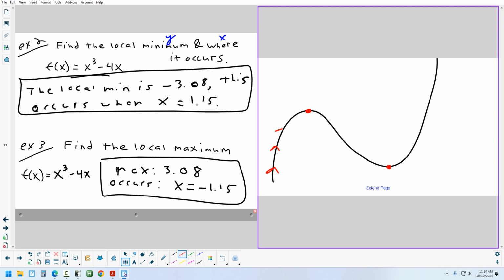This I would consider to be a section that is increasing. This is a section that's decreasing. And that is a section that's increasing. So that's what we're going to describe now, increasing versus decreasing.